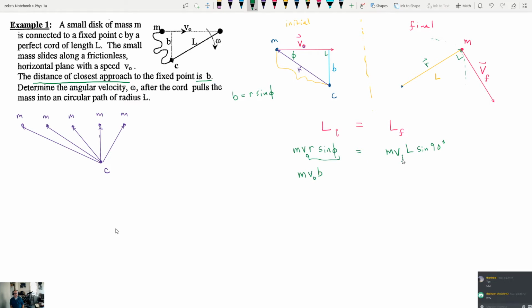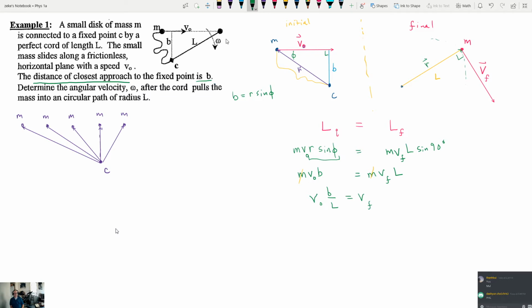This should be vf, right? So now what we can do is we can cancel out the m's, and we're solving for v final effectively. We're not really, but we'll see what we get in a second. So if we solve for v final, we get v naught times b over L is equal to v final.